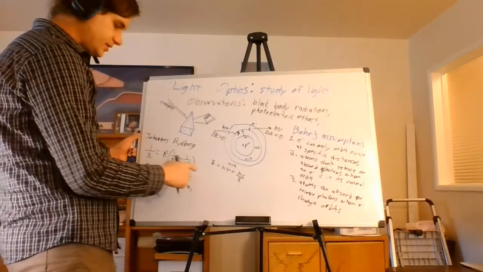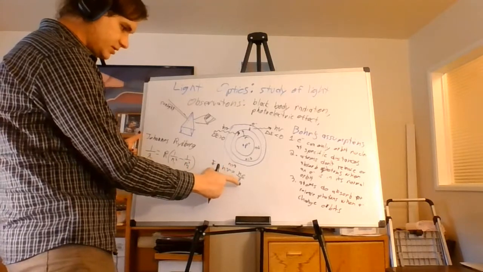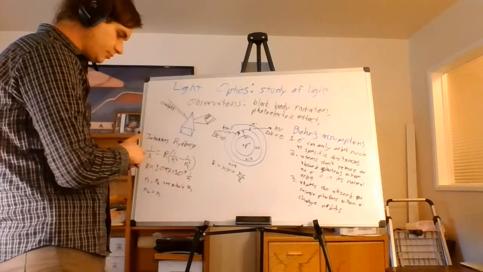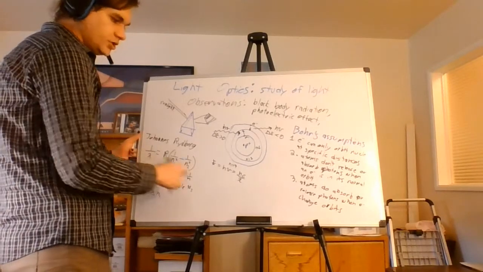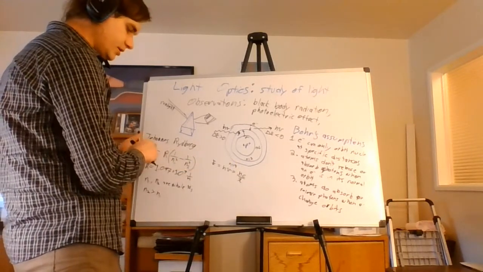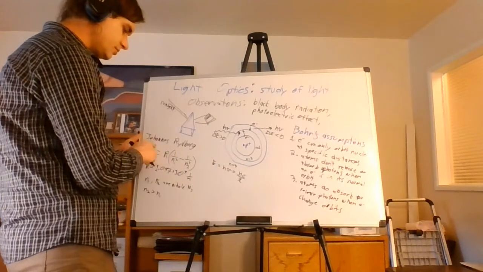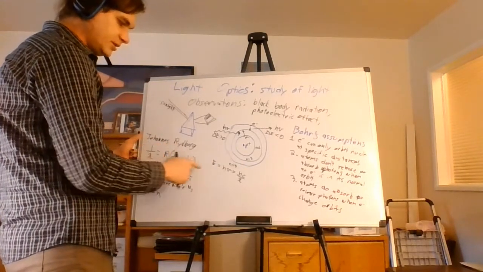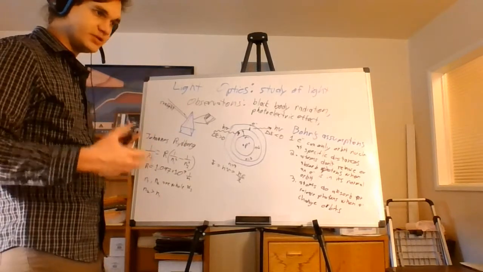You can apply that by just, you've got lambda on the bottom of a fraction here. So if you multiply the whole thing by Planck's constant and c, then you can turn this into the energy change of accepting or releasing a photon.